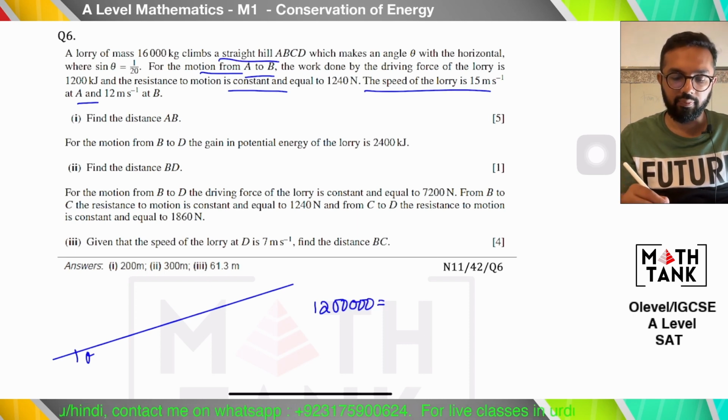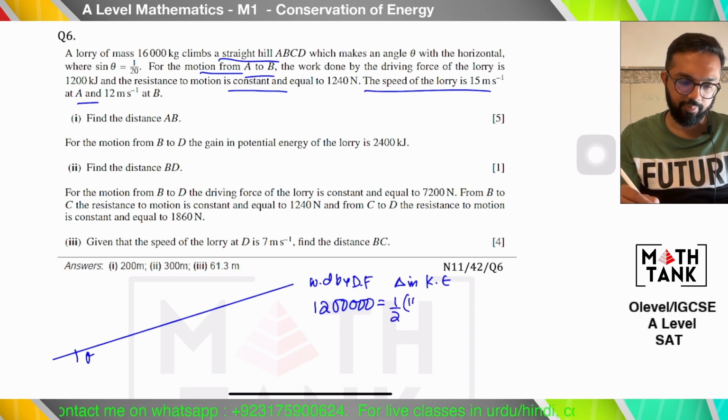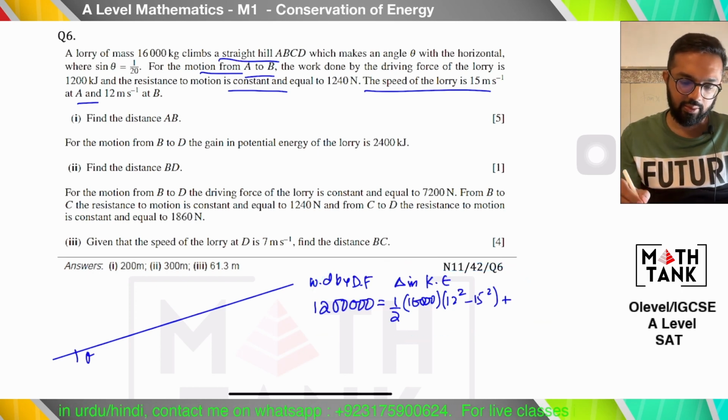Work done by driving force equals change in KE, half m (v squared minus u squared), plus change in PE, mgh. I think I'm going to run out of space.